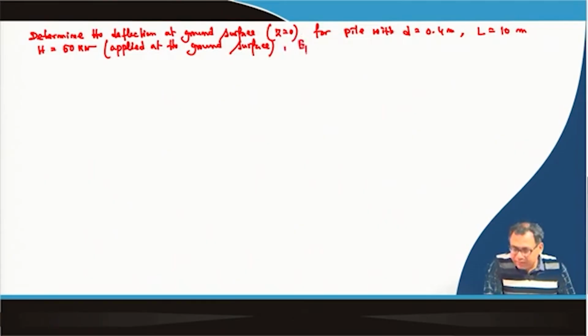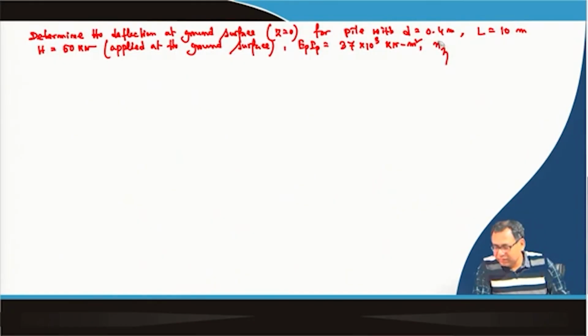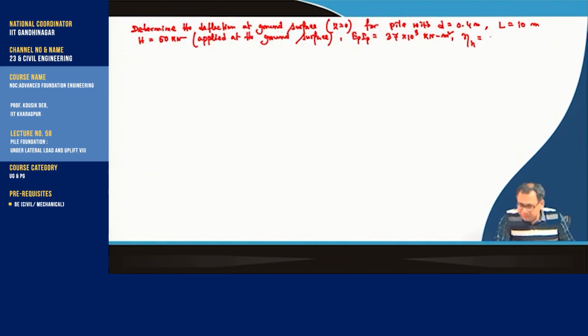So, E p I p is 37 into 10 to the power 3 kilonewton meter square, then eta h is 5000 kilonewton per meter square per meter. Okay.